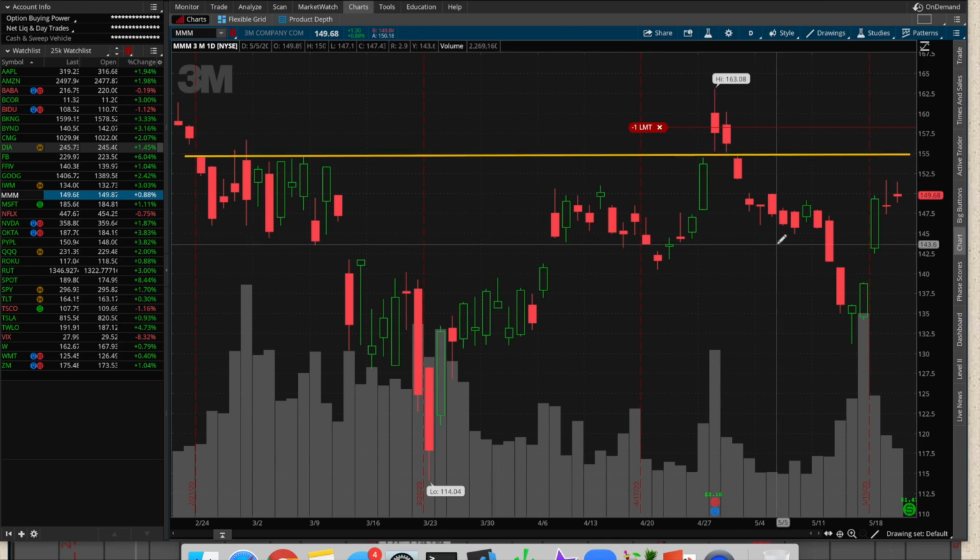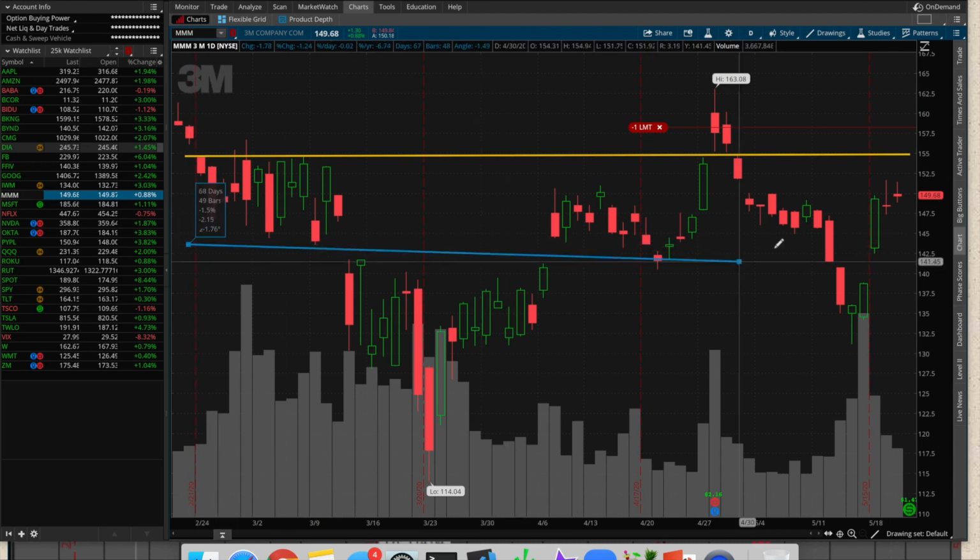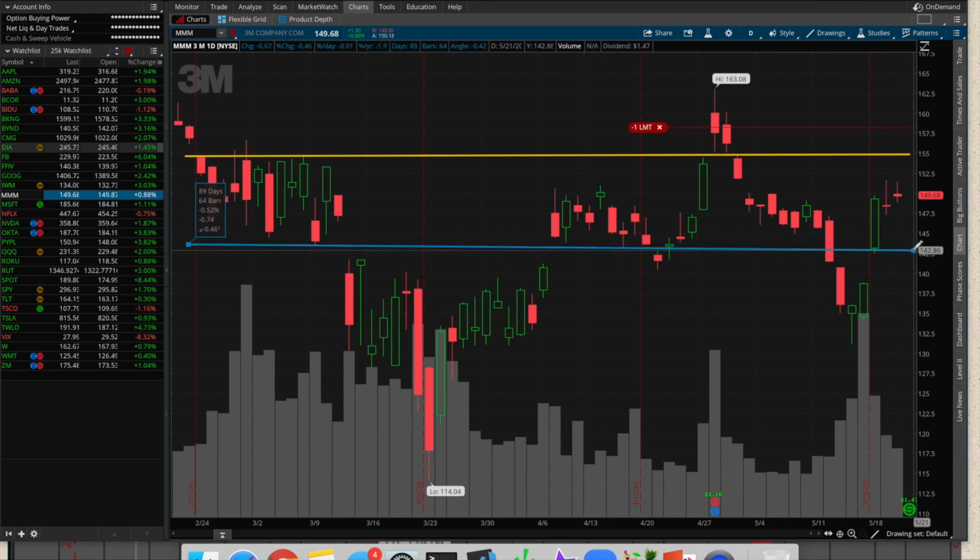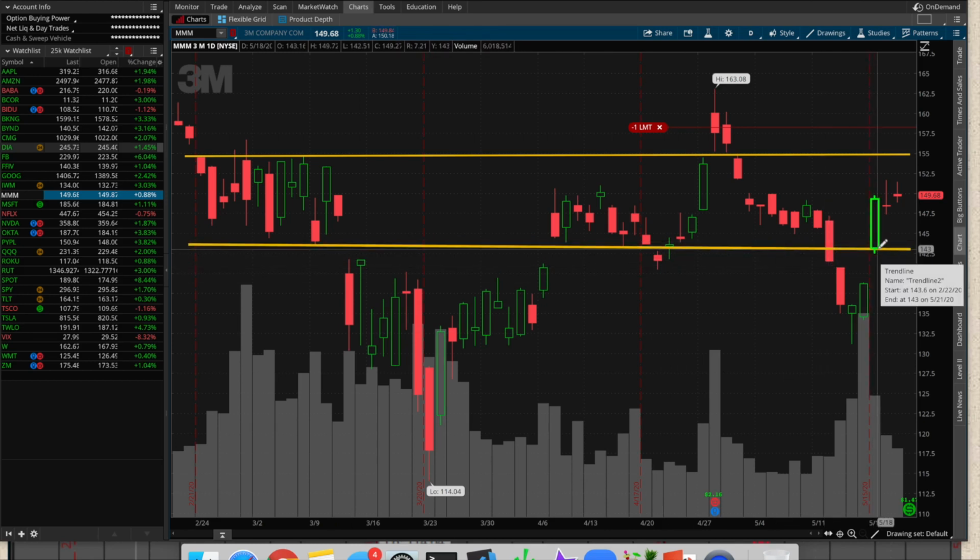Let's draw a few more. This looks like a clear support line to me. I'm going to draw this line. Like I said, there is no rocket science to this, so you shouldn't try to make it more complicated than it is. If the price is partially touching it, it doesn't matter.